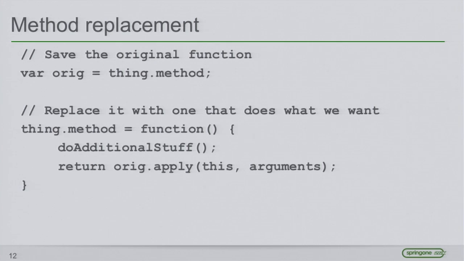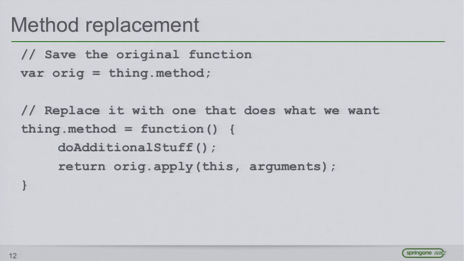So here's an example. We've got some object, thing, and it has a method named method. And we save a reference to that method in this variable orig. And then we overwrite method with a new function. And this new function does some additional stuff.